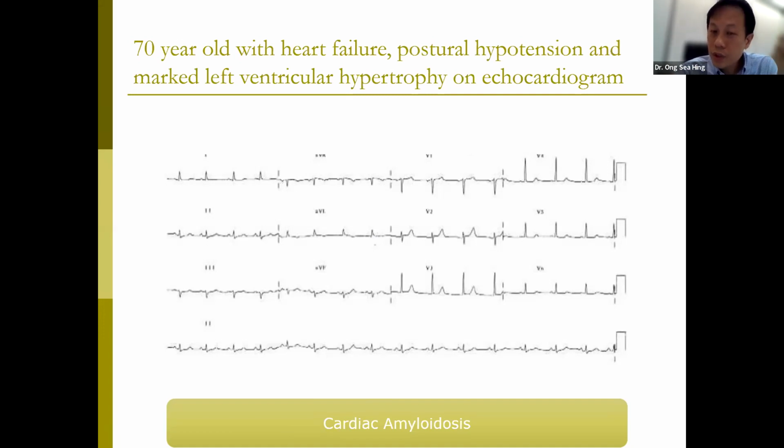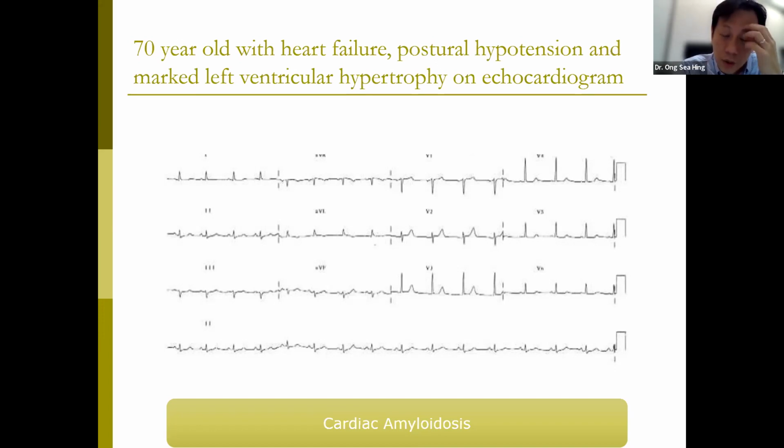So earlier we talked about HOCM, or hypertrophic cardiomyopathy. When you see a patient with left ventricular hypertrophy, you've got to think about 3 things mainly. One is hypertensive cardiomyopathy. If the patient has uncontrolled hypertension, then the LVH may be due to hypertension. You've got to think about hypertrophic cardiomyopathy as a genetic condition, and then you've got to think about cardiac amyloidosis.